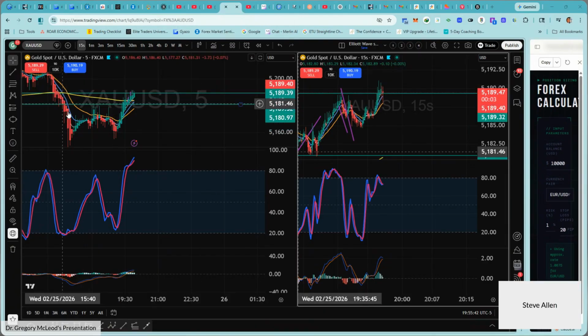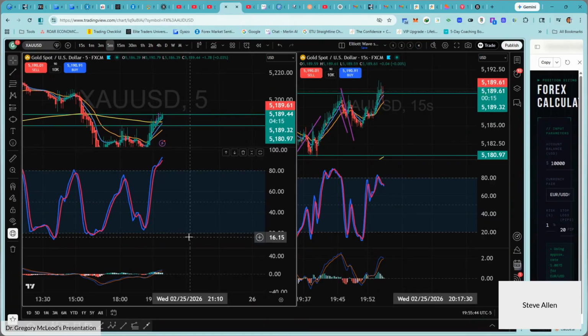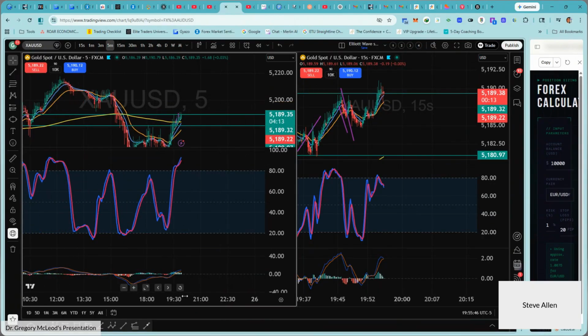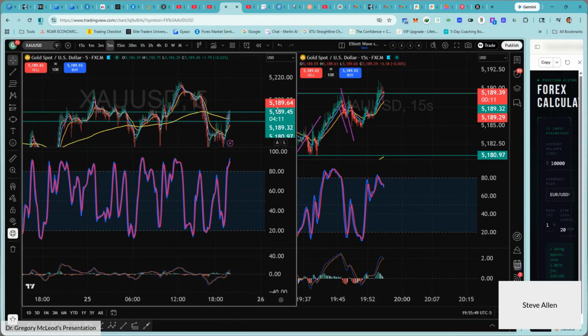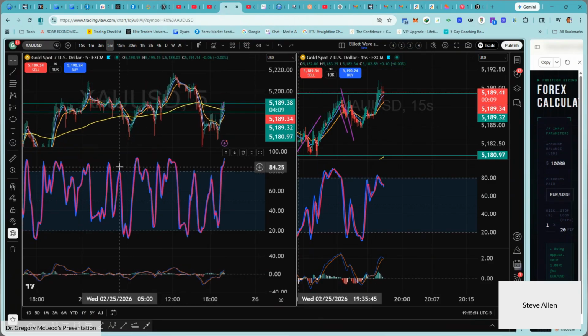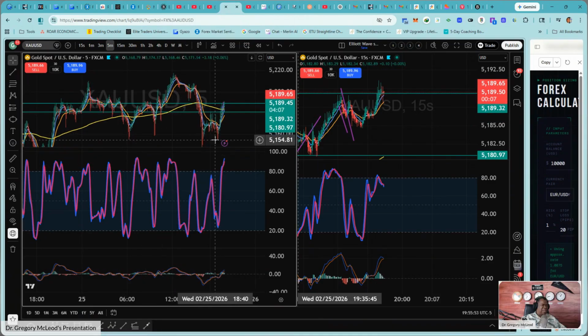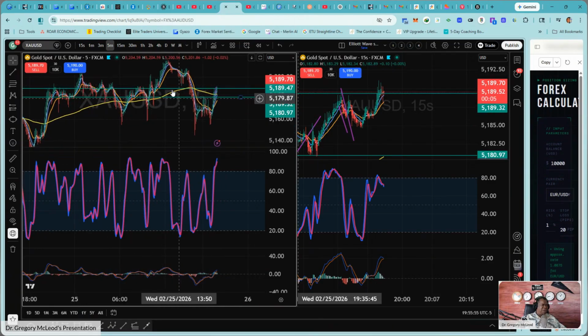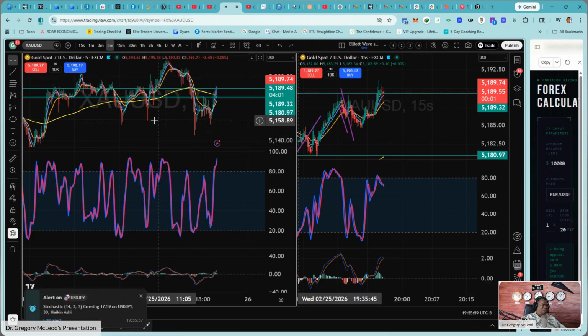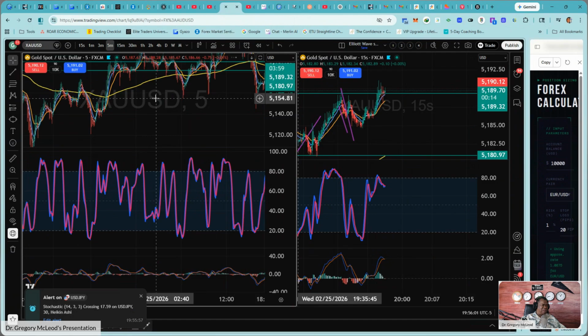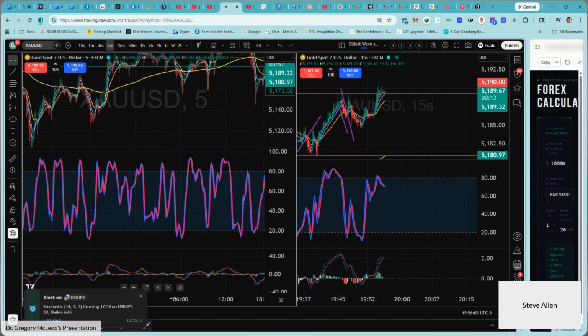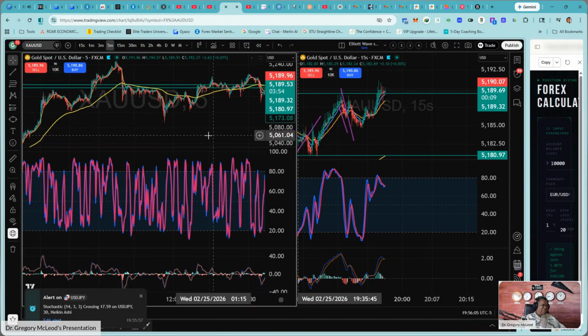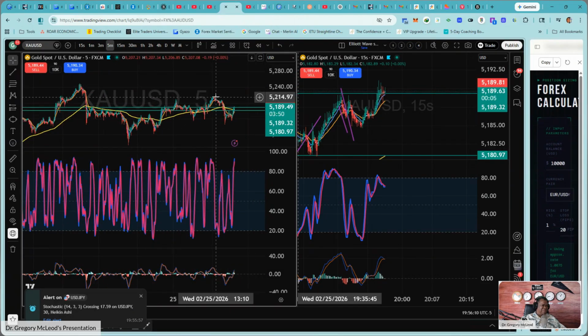If you get a full crossover on that MACD, it might go down a little more. If you look at this pattern here, it's doing the same pattern over and over again. Yeah, that is true, huh? Bump, bump, bump, bump.